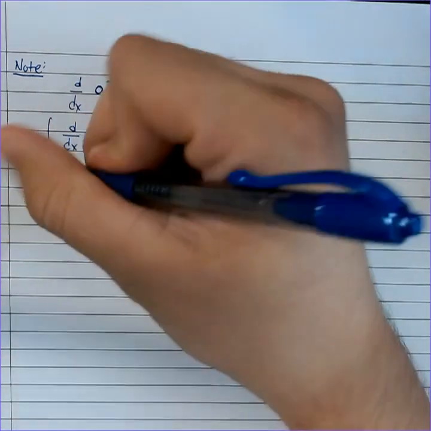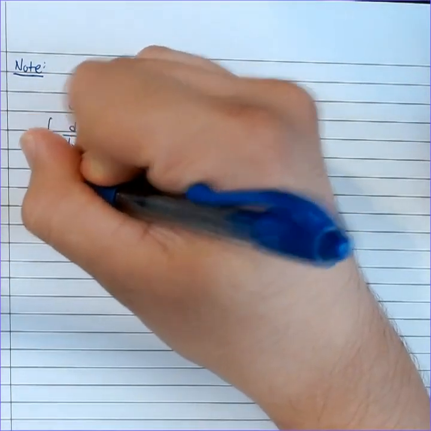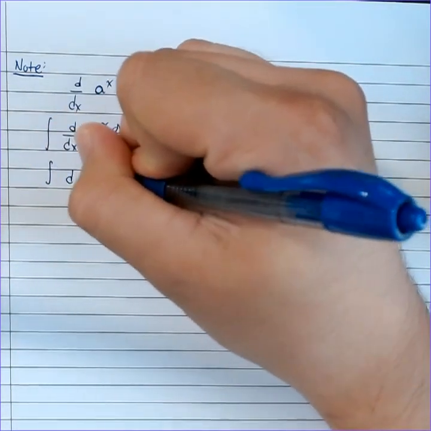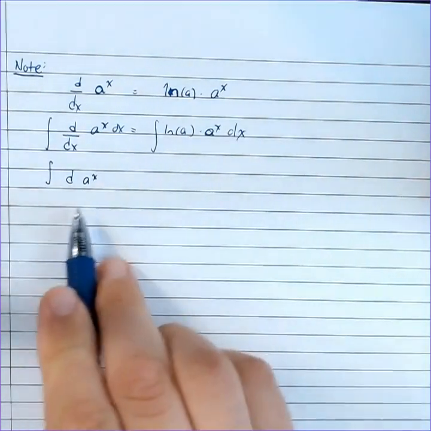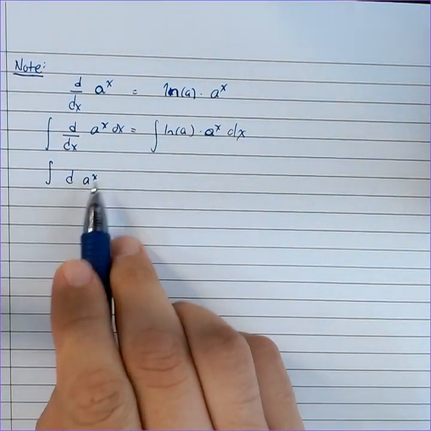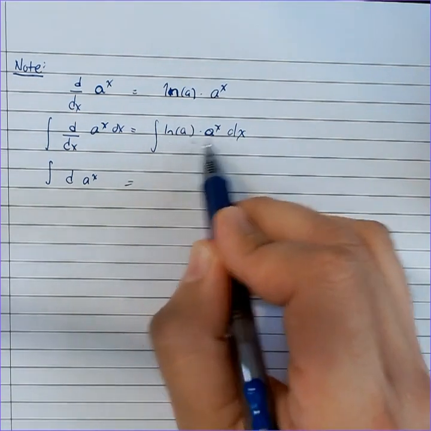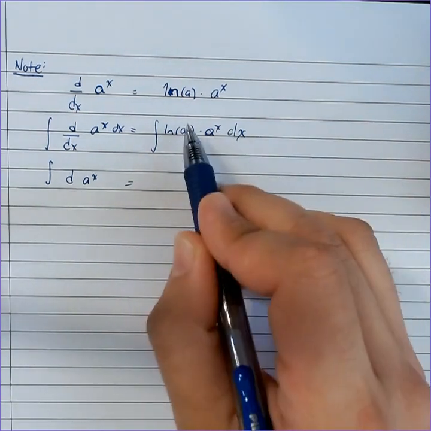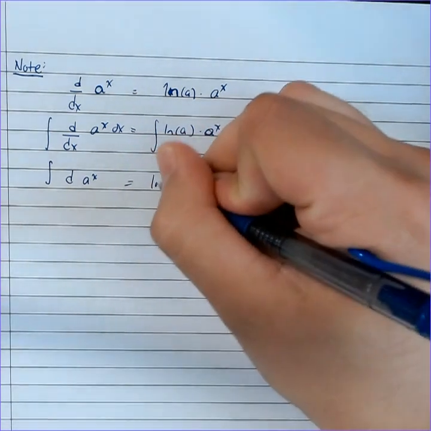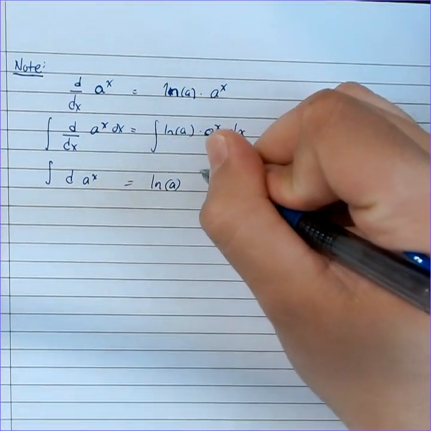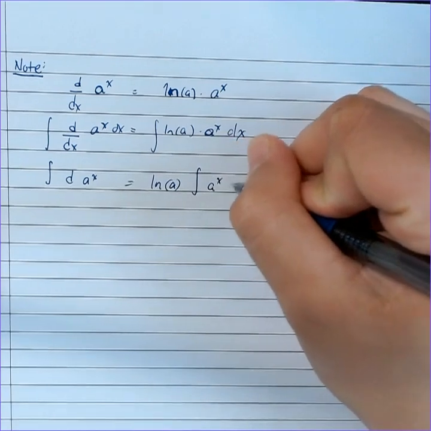Well, yeah, but these can be simplified. After all, this is just the integral of d of a to the power of x. Over here, this is a constant, natural log of a. That's a function. It's got a variable in it. That's just a constant, so I can write that as the natural log of a times the integral of a to the x dx.